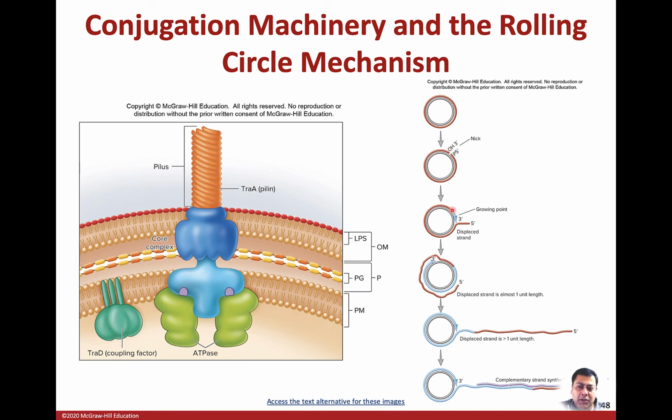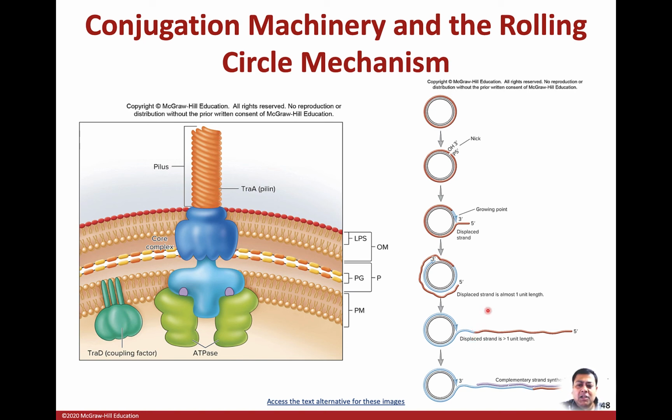So the DNA is being synthesized right here in a 5' to 3' direction using this inner circle. This inner circle is going around to synthesize the DNA in the 5' to 3' direction. As this is synthesizing the DNA, the outer strand is going to get displaced.